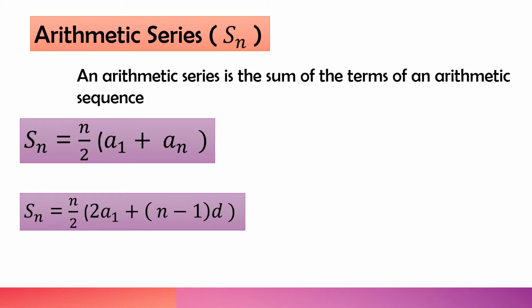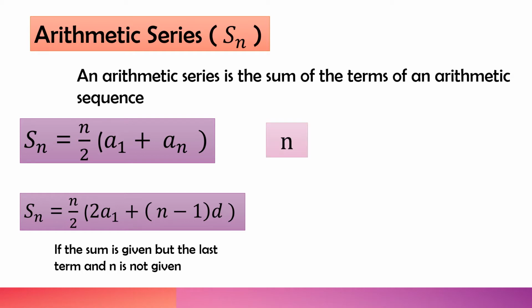And S sub n is equal to n over 2 times the quantity 2 times a sub 1 plus quantity n minus 1 times d. The second formula is used if the sum is given but the last term n is not given.